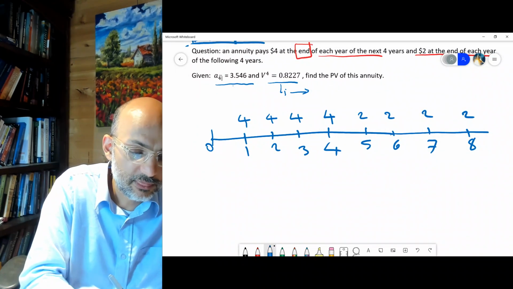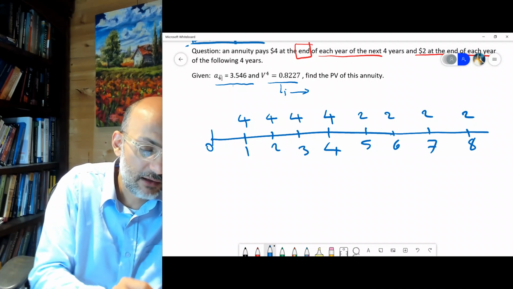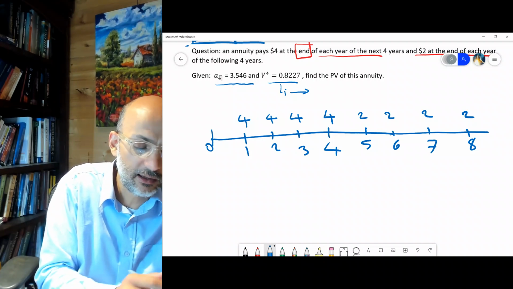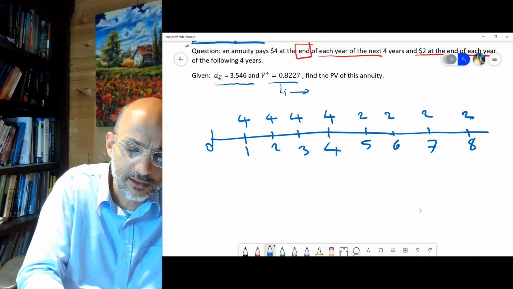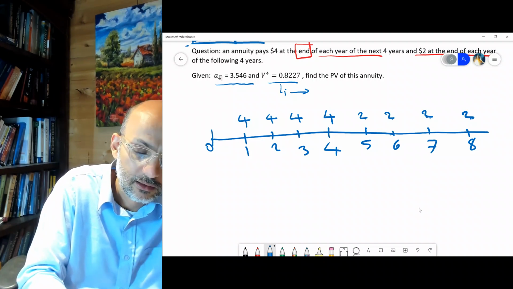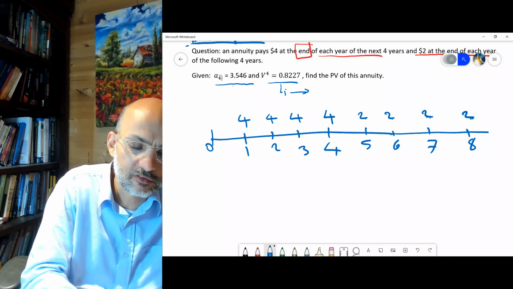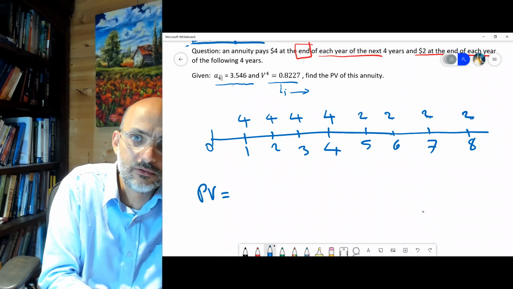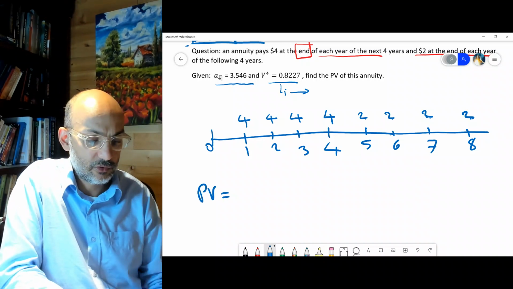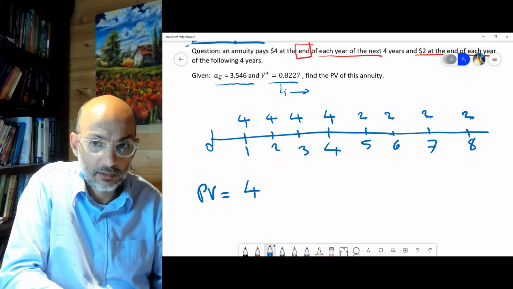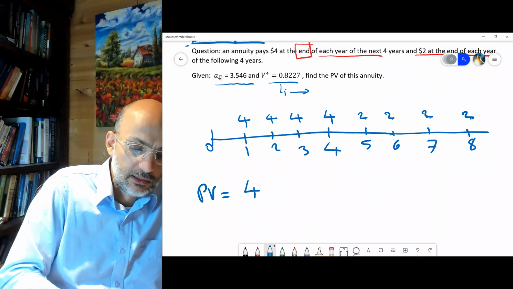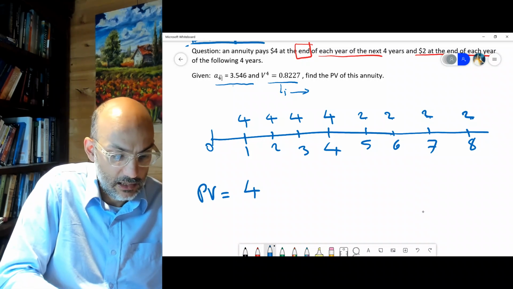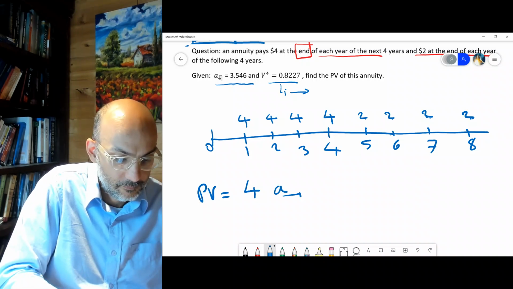If you look at this one, we have a angle 4. And remember, we have a relationship between a angle K plus a angle N. The amount here is not equal, it's decreasing, right? So instead of using those complicated formulas of decreasing and increasing, we use just the very basic idea. The present value of this special annuity is simply you take the 4 and multiply it by a angle 4, which is good because it's at the end of the year.